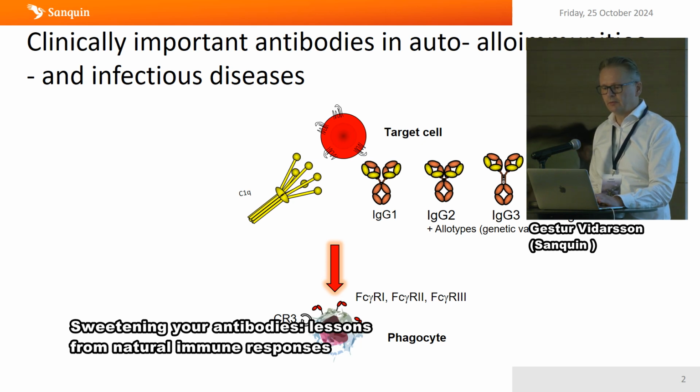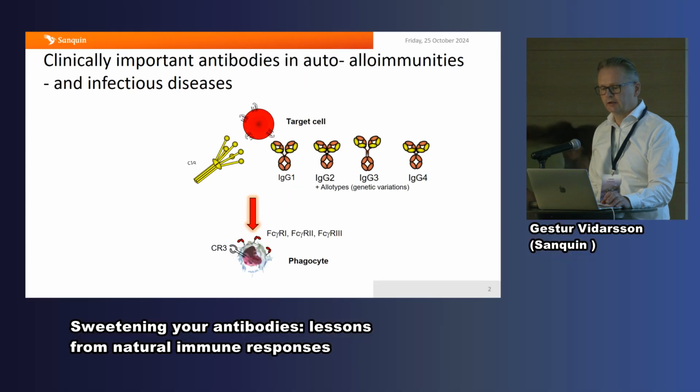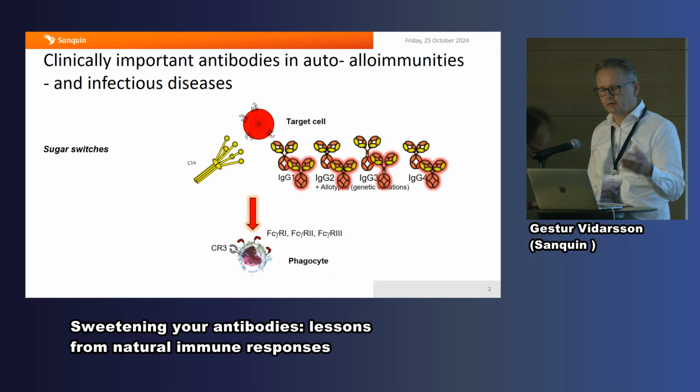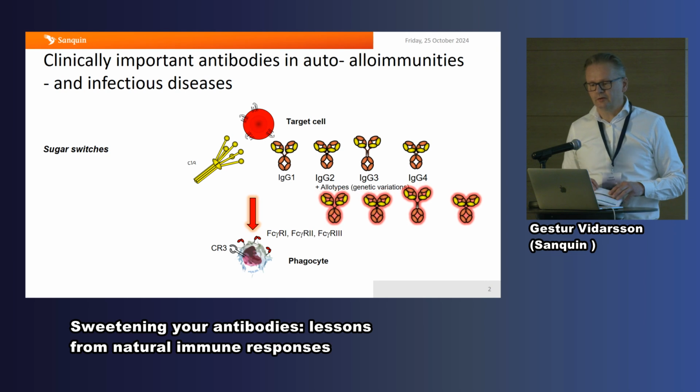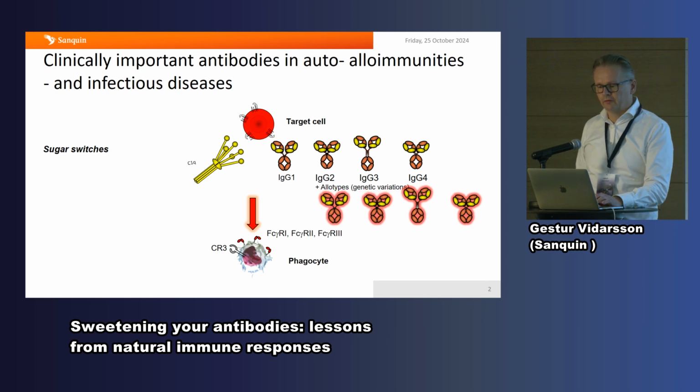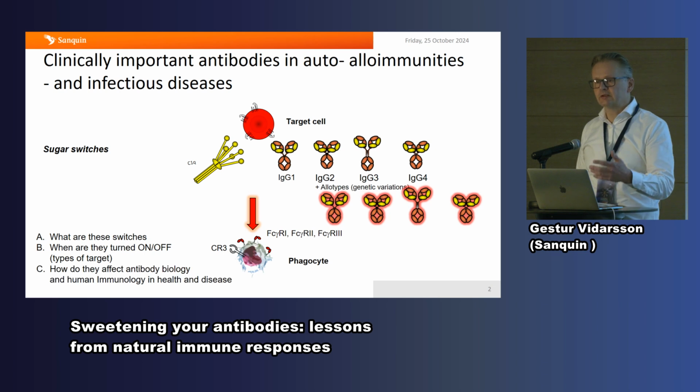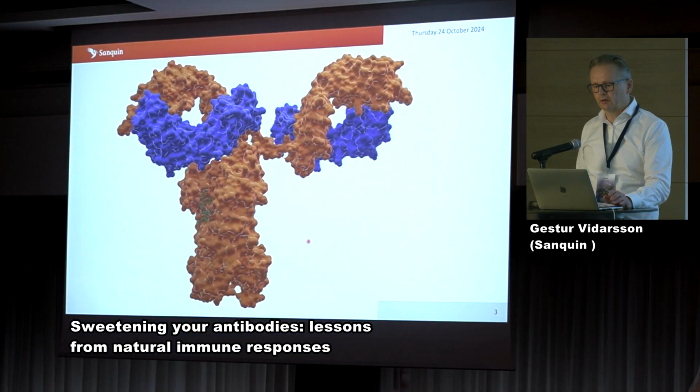But what I'm going to talk about is how glycan switches create what I call an alternative universe of these subclasses, and change the effector landscape of these antibodies, both from the perspective of Fc receptors and complement. And I'm going to talk about what these switches and modulators are, and you probably all know them.